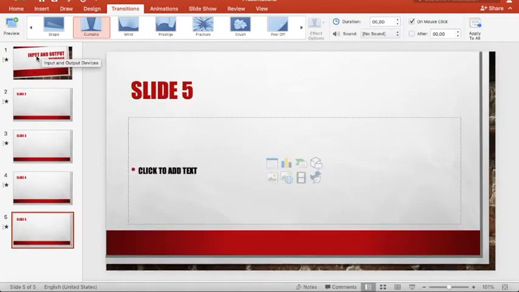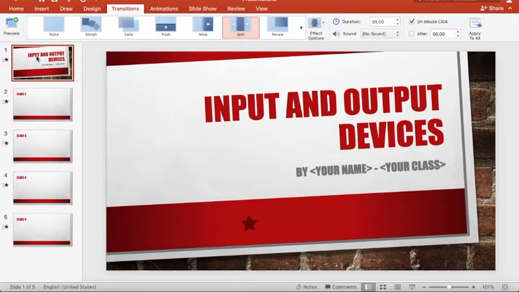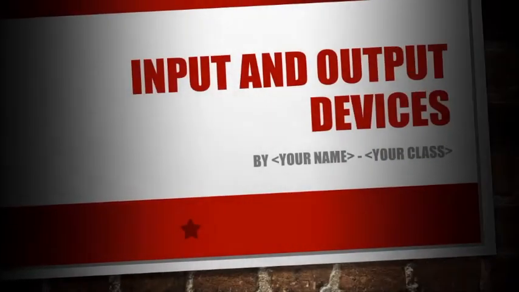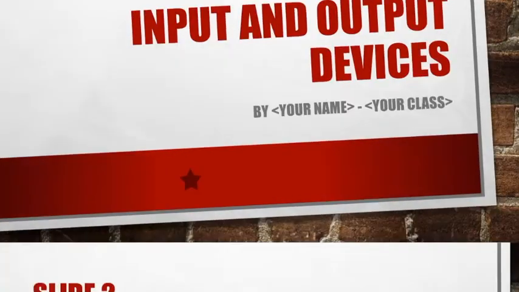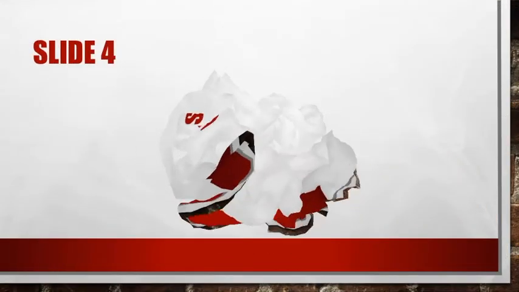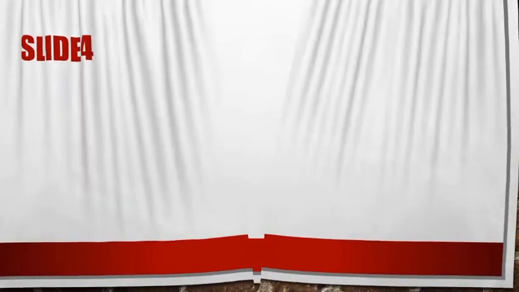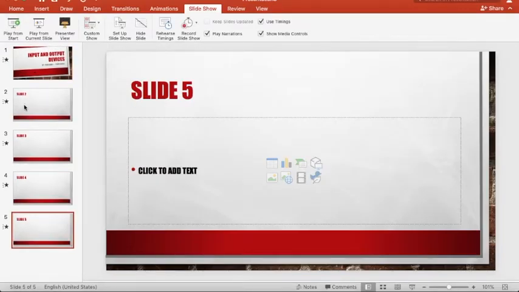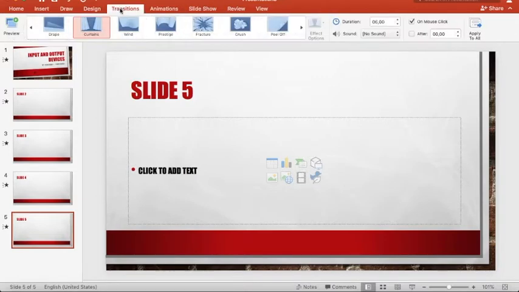When we play our slideshow later on, click Play from Start, we will see the difference. Like this is the transition that we have already set. Okay, so that is slide transition. You are free to choose the kind of simple transition you want.